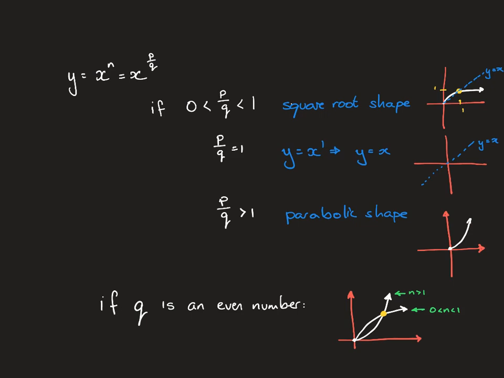What we also found was that if q is an even number, then you get only the positive arm of the graph. You don't get any negative arm because you're actually working with a square root function, taking an even root.